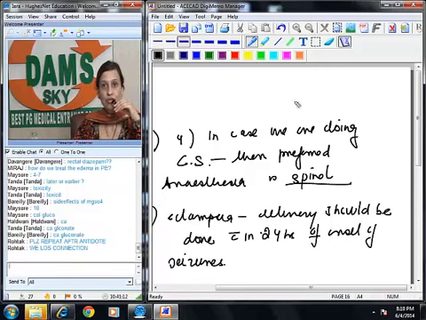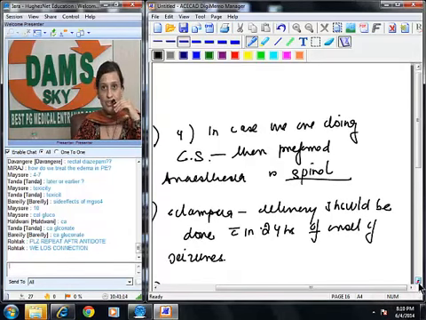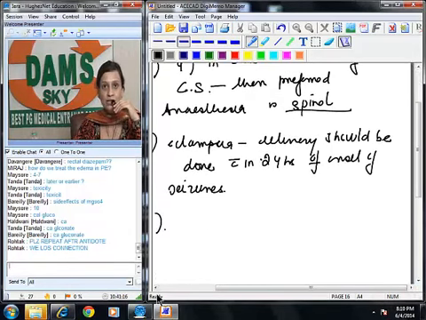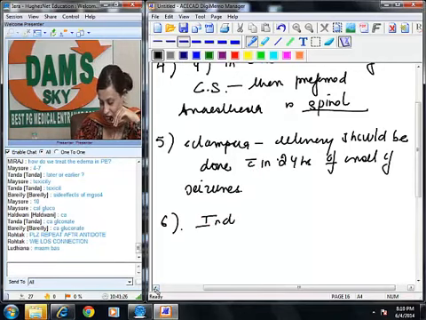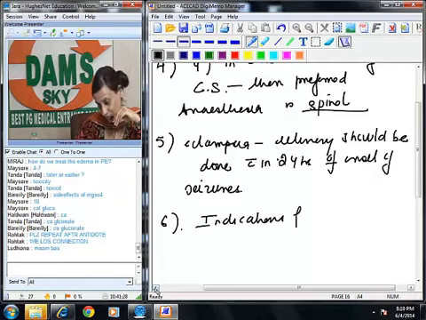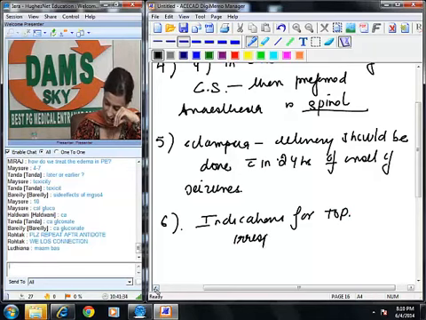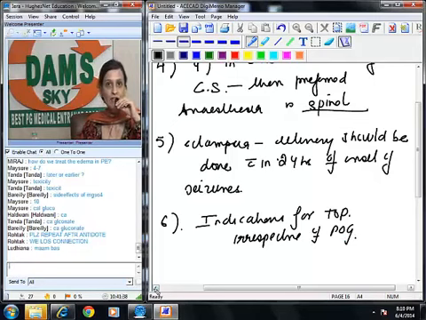Finally, I am going to give you the indications of termination of pregnancy irrespective of period of gestation. We are about to finish, just a little left, last point. So what are the indications for termination of pregnancy irrespective of the period of gestation of the patient?